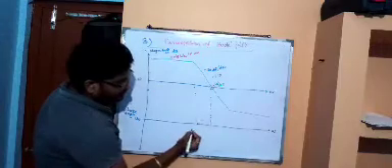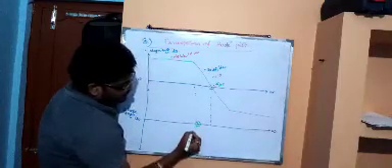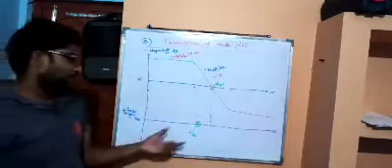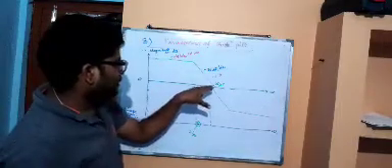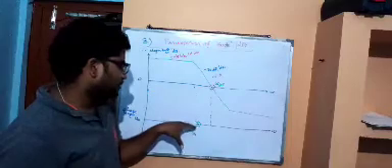Similarly, this point is W of PC, phase crossover frequency, because at that particular point where the frequency is WPC, the phase plot crosses the minus 180 degree line.